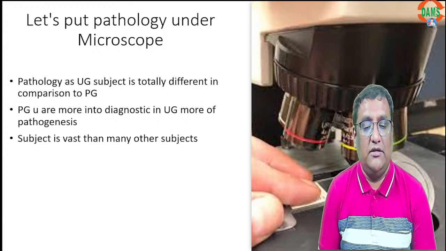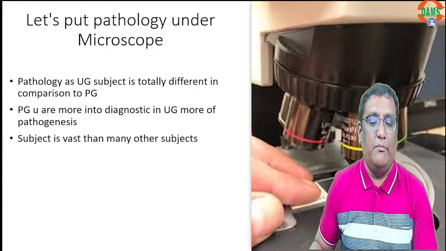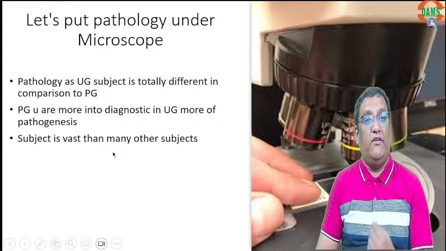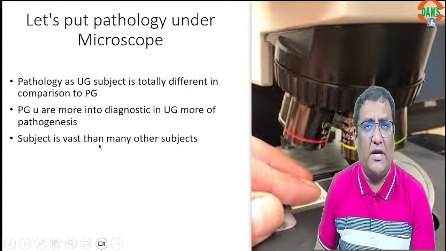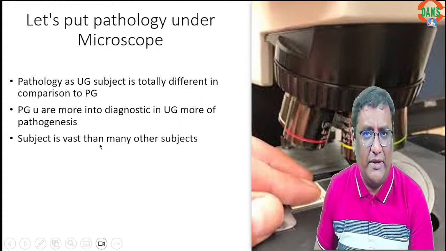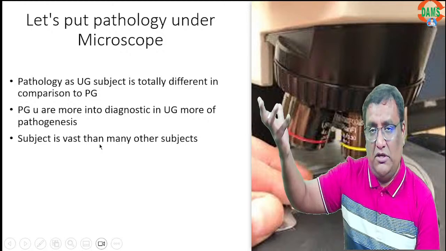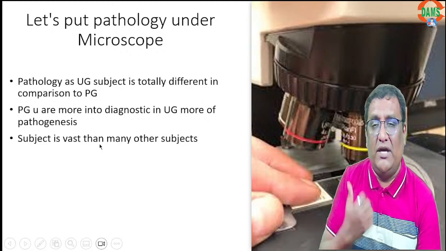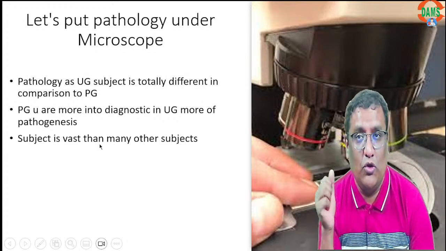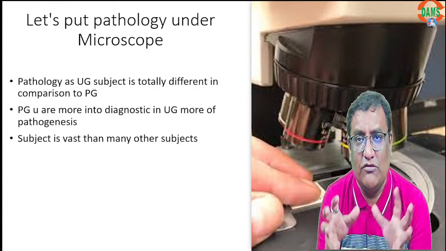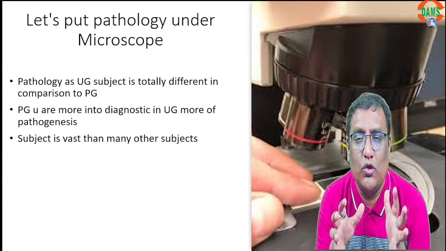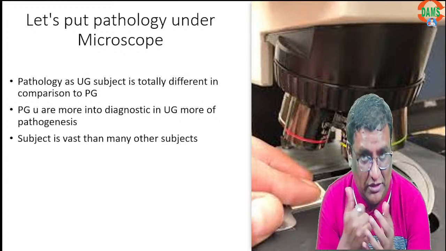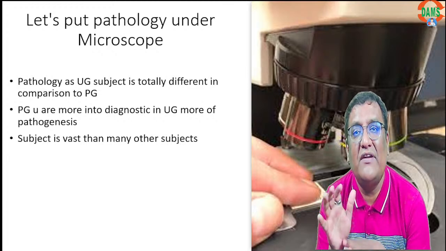The subject pathology itself is vast, more than many other subjects. It is very vast because as a pathologist, I need to know tumors of the brain, tumors of the heart, very rare anyway, tumors of the lung, I need to know leukemias, lymphomas, tumors of the skin, tumors of the bone. So it is like a package wherein you have to know diagnosable pathologies in almost every branch.